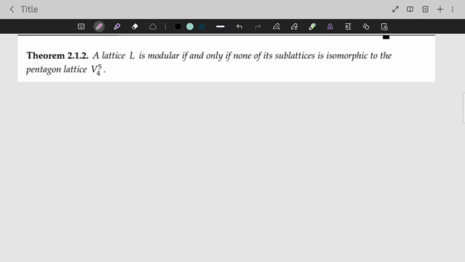Then step by step, we'll walk through the statement and the full proof of the theorem in a clear and simple manner. If you have seen this theorem in your university notes or textbook and found it confusing, don't worry. By the end of this video, the entire concept and the proof will be crystal clear.